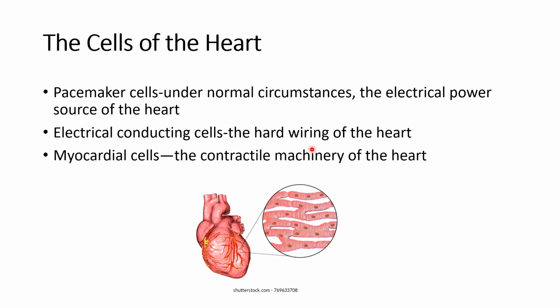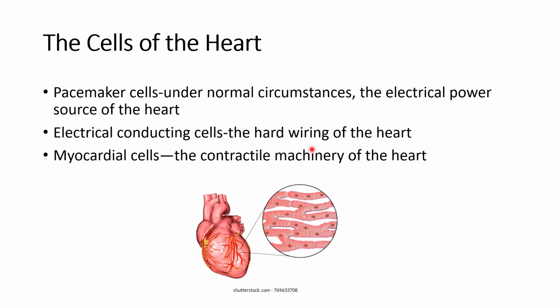The second type of cell we have is called electrical conducting cells. These are the hard wiring of the heart. In another word, if you have generation of electricity in the pacemaker cells, then you need something for this electricity to conduct through.